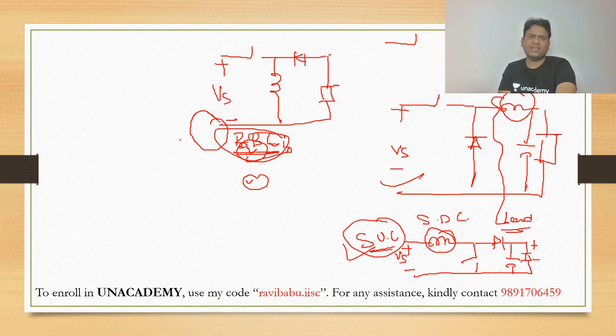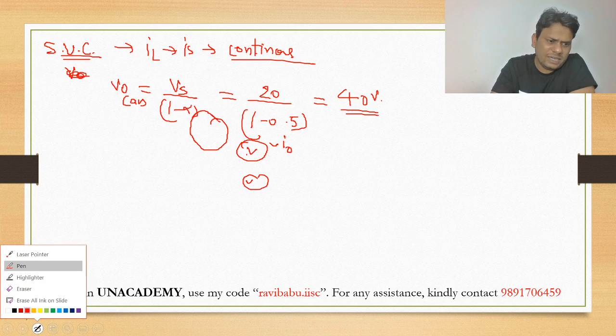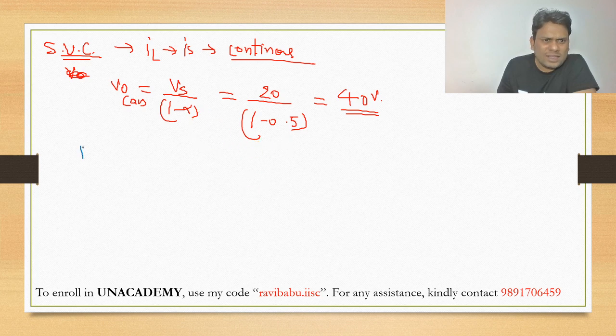Please mind it. Generally, our converter, that means step up chopper, will satisfy, not only step up, step down, buck boost, any one. So here I am going to write, my dear friend, the capacitor current IC average will be 0.